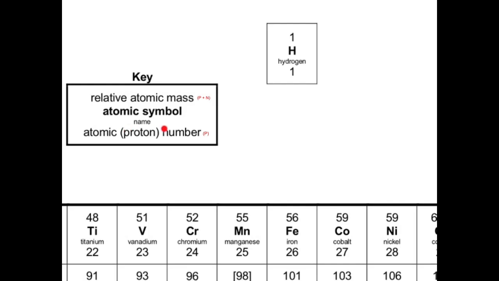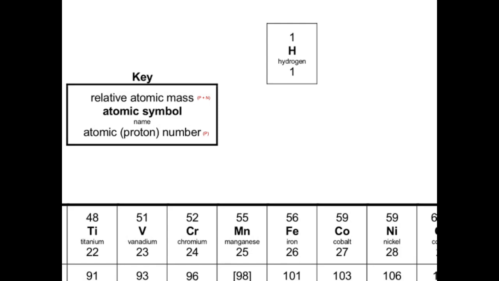Then we have the name of the actual chemical, so hydrogen here, and then finally the atomic number, also sometimes referred to as the proton number, because it tells you how many protons are in the nucleus, and it also tells you which element it actually is. So if you have a proton number of 1, you're going to be dealing with hydrogen. The proton number also tells you by default how many electrons are whizzing around in the shells around the nucleus.